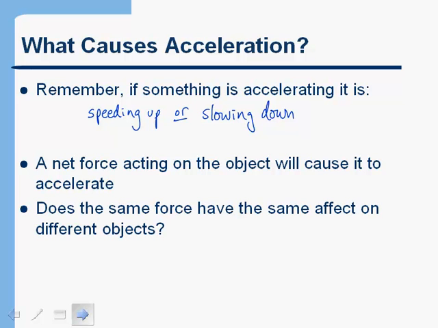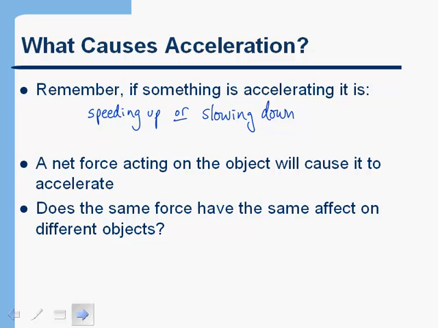And the next question we might ask is, does the same force have the same effect on different objects? And you already have a sense of that too, because if I said, okay, I want you to exert a force on a baseball to get it accelerating, in other words, to speed it up, to throw it, that would be one thing.